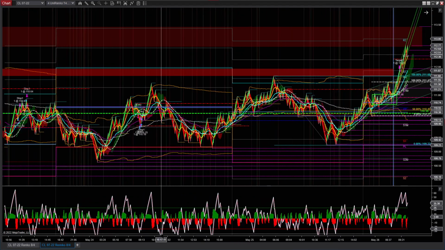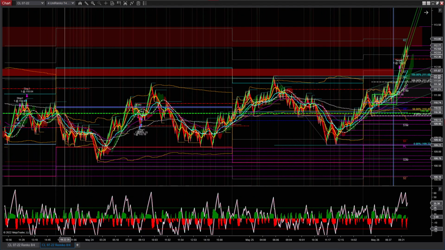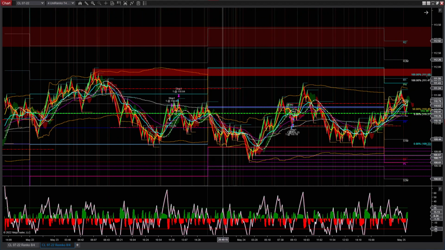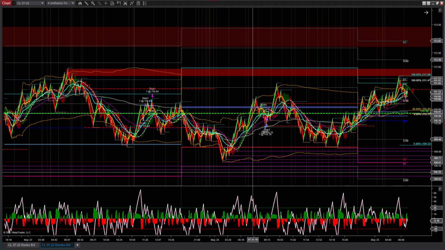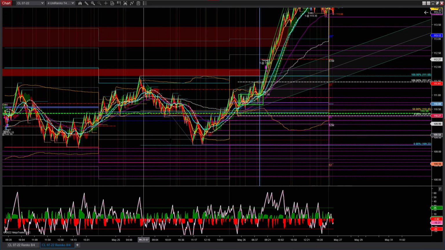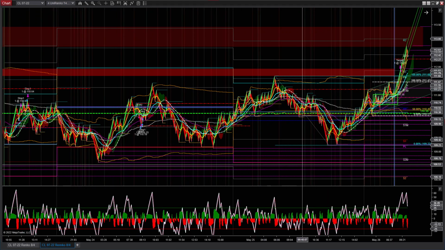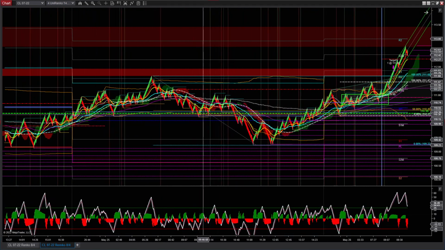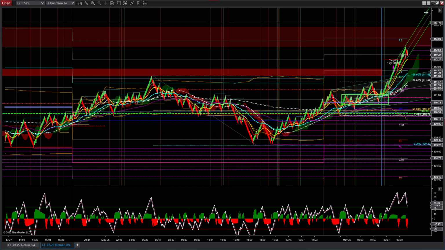So you see this resistance comes from up here, from probably way below. Here I do have also this one. This one is also a line, the green one here.